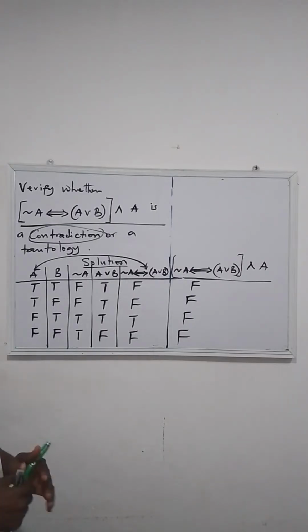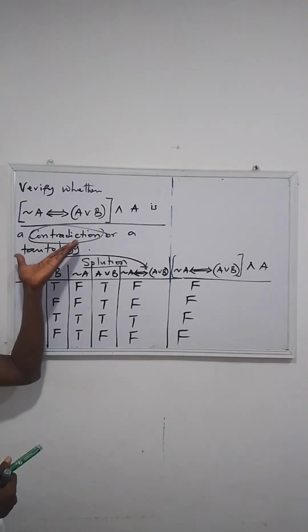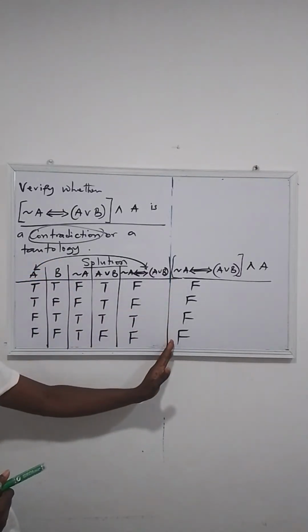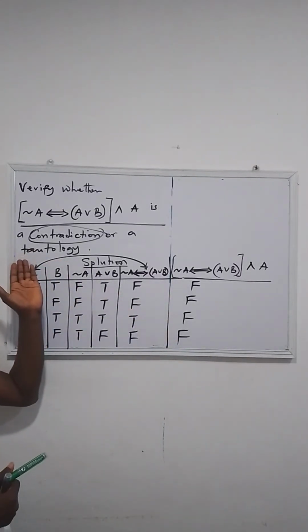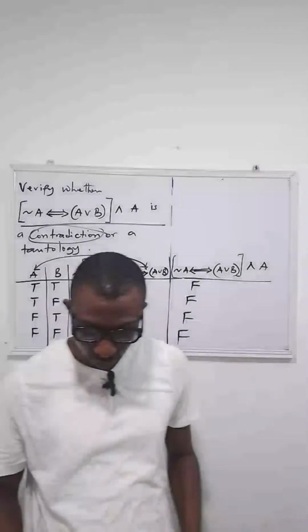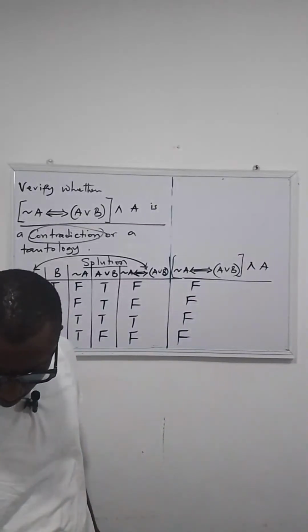Okay, so I want to believe you all understand that. So that's how to verify whether it is a contradiction or a tautology. Suppose all we have here is true, then we say it is a tautology. All right. So let's move down to another question.